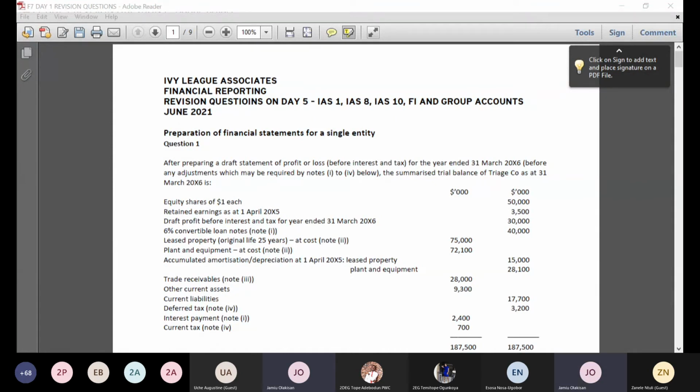However, what if there is no accounting standard dealing specifically with that item? What you do, number one, is select a standard that deals with a similar item. What do we mean? If you get a grant from the government, say the government of Kenya, of course you will use IAS 20.